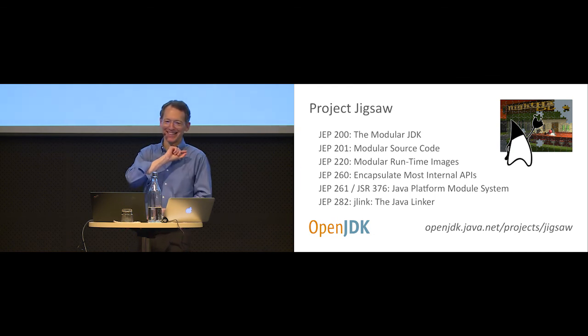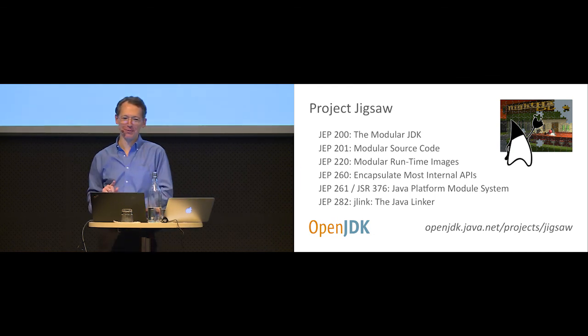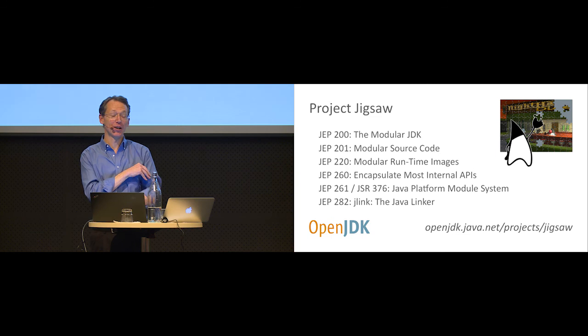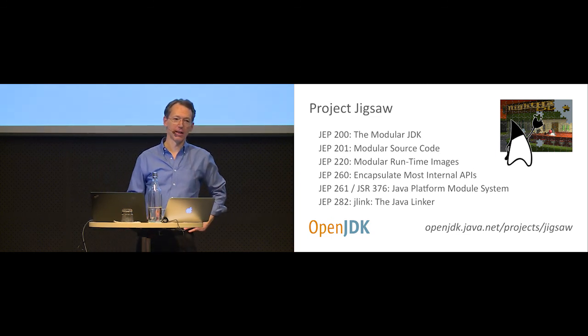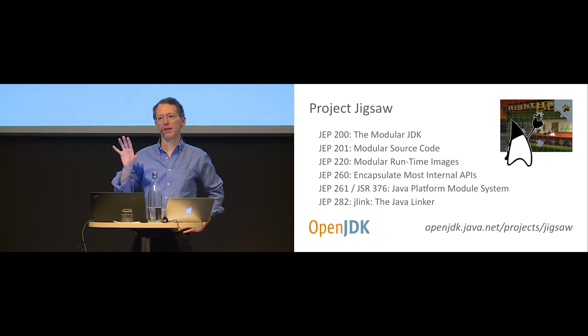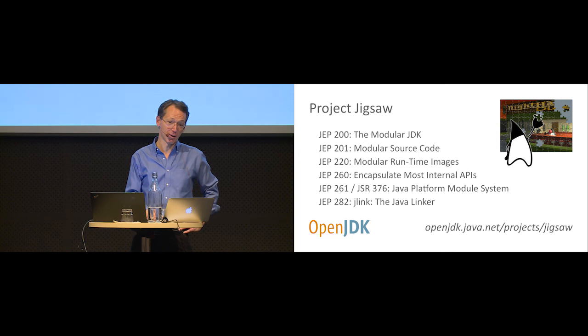Excellent question. There's an advanced feature, which I will show tomorrow. You can qualify an export. So the declaration of the text module could have said, exports this package to hello, in which case hello could access it, but no other module could. So yes, that error message is phrased that way to be most general, because sometimes there are qualified exports.